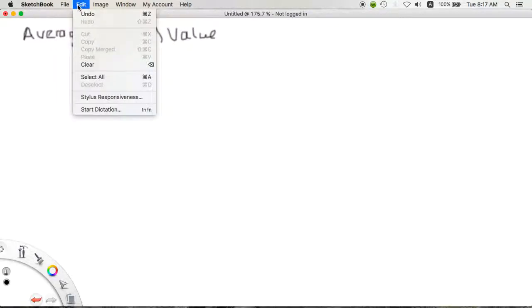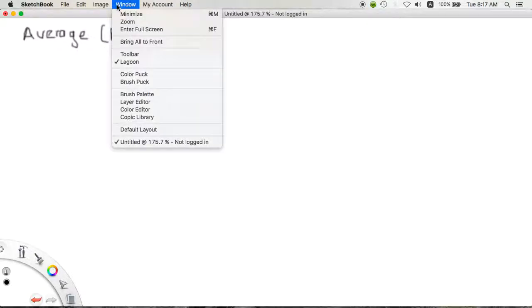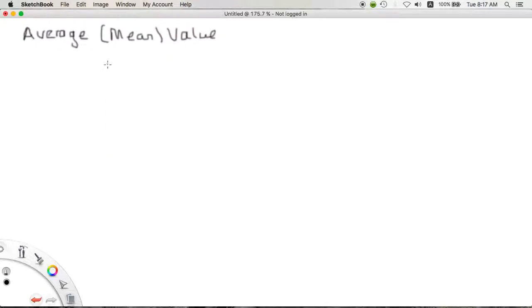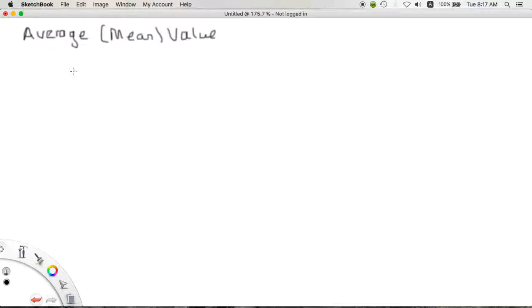Anyway, the average value of a function is, to find, we're not going to prove it, but it's in your book. So it's 1 over b minus a times the integral.